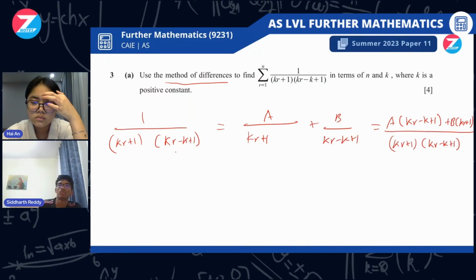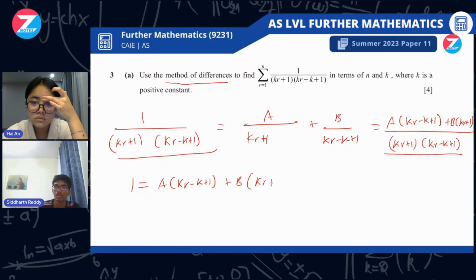So now multiplying both sides by the denominator, we get 1 is equal to a into kr minus k plus 1 plus b into kr plus 1. Now since k is a constant, what we have to do now is try to eliminate one of the letters, either a or b.